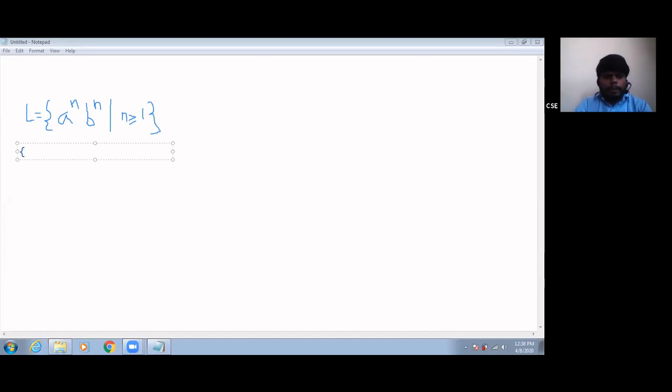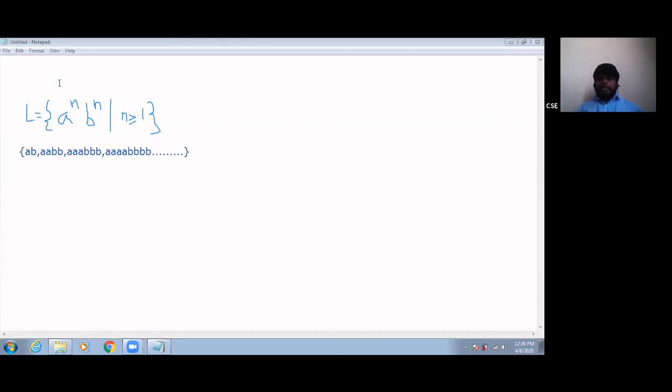The minimum string is AB, then AABB, then AAABBB, then 4 A's and 4 B's. This is the given language, and these are all the possible strings.